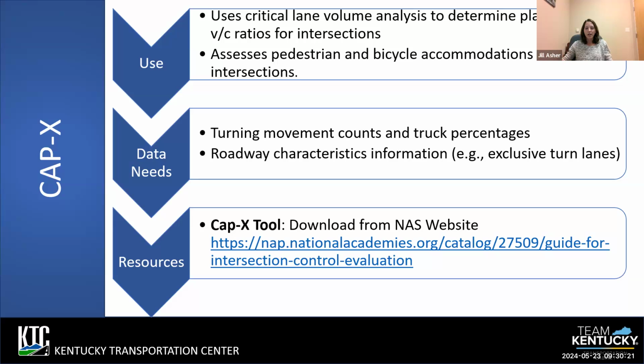We'll go through that as well. I told you we have to have turning movement counts and truck percentages and some other roadway characteristic information. There are some websites that have some of that information available, and then also CapEx, and that's the download from the NAF site.